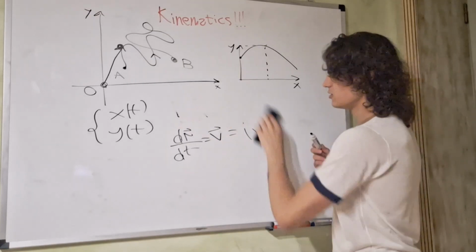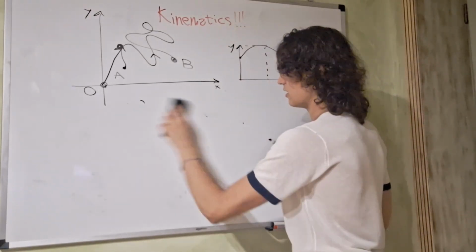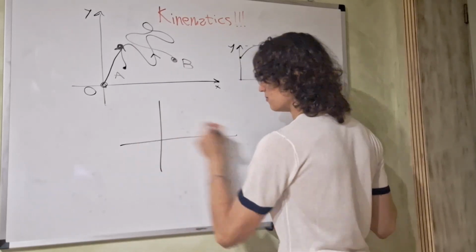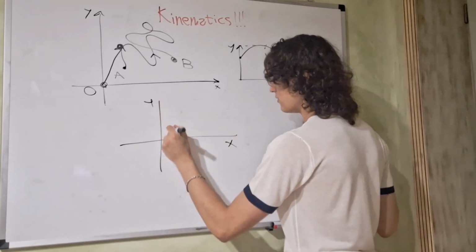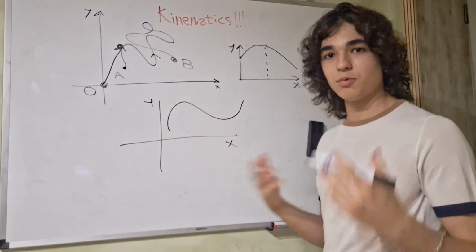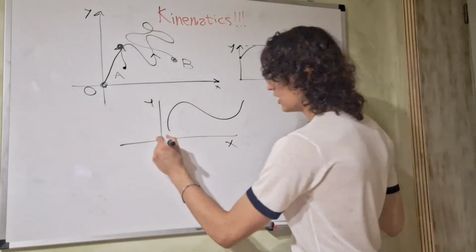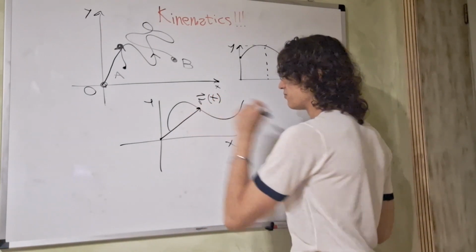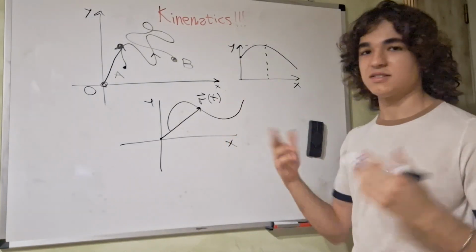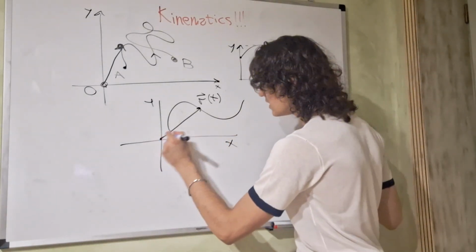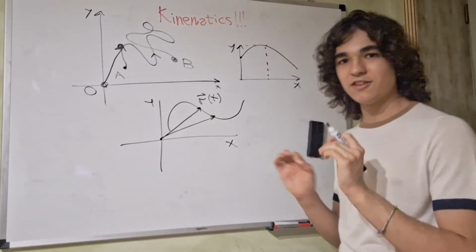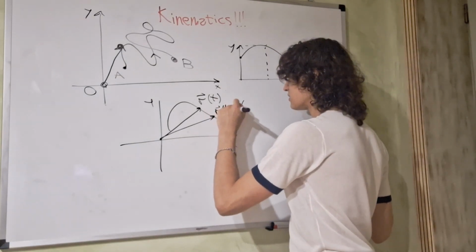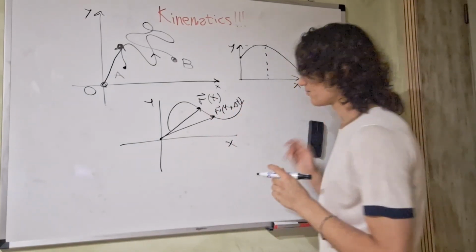And in order to do that, let me take a simpler path. So if we have y and x, this is our path. We want to know what the velocity vector is. So we take the position at a certain time t, and we take the position at a slightly forward time, t plus a small delta t.